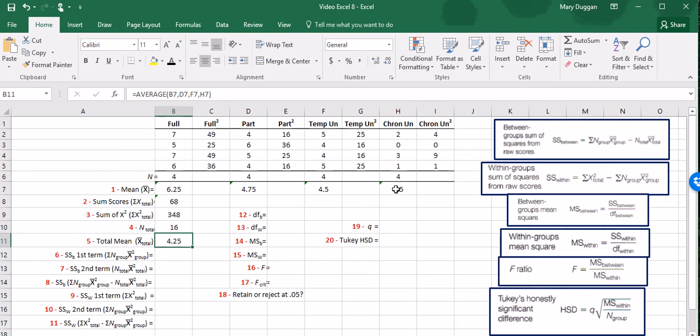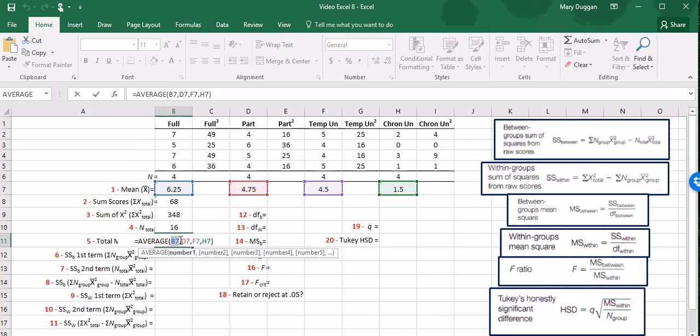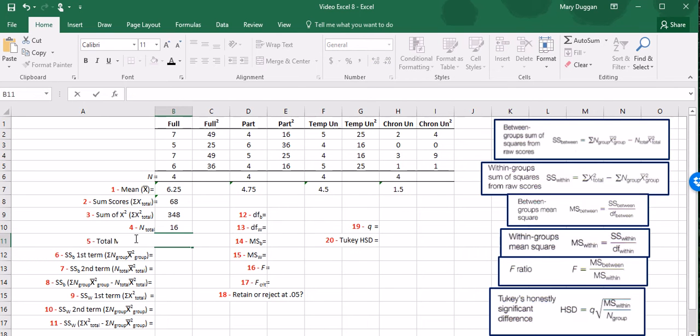But this only works if your group sizes are equal. In our case, our group sizes are equal, so we could have done that. But I'm going to show you another way in case your group sizes are not equal. Press Equal, and I'm going to sum up all of the numbers and divide by the total N to find the average of all of the numbers. I'm going to use my Control key.